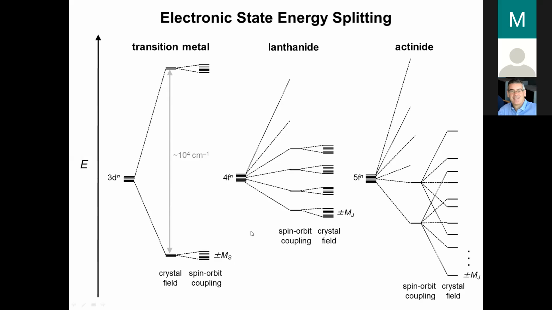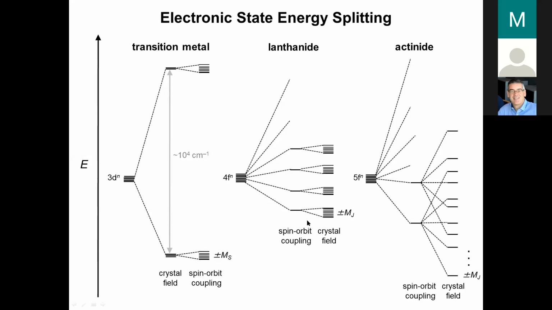For the f elements, for the 4f in specific, this trend is reversed, where due to the larger nuclei, electrons orbiting the core approach relativistic speeds, and spin orbit coupling plays a major role. And actually, due to the low covalency in metal ligand bonding, crystal field splitting plays a smaller role.